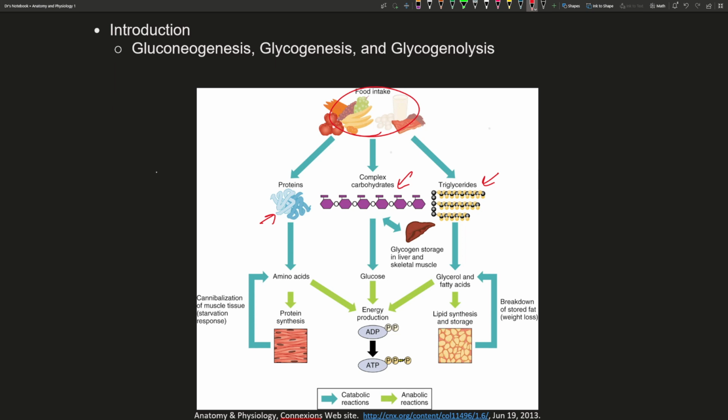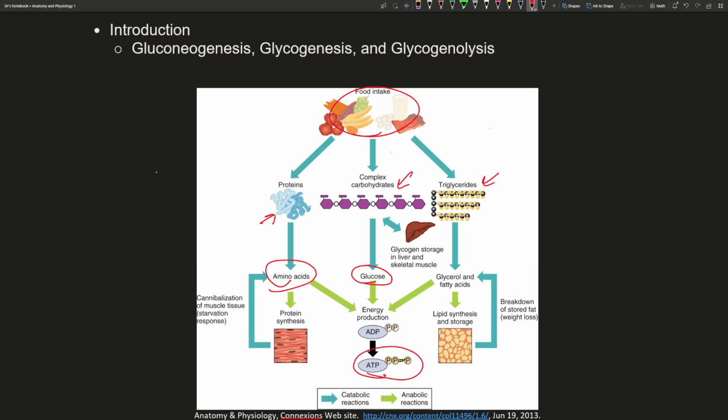Well, in your digestive system, you break them down into the individual subunits and you absorb them. The individual subunits of proteins, remember, are the amino acids. Carbohydrates are broken down into glucose. And fats are absorbed a little differently. Don't worry about them. And what your body does with this then, so glucose is the big one.